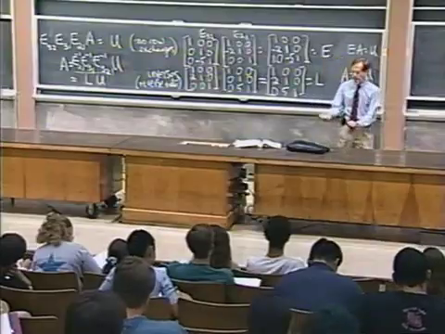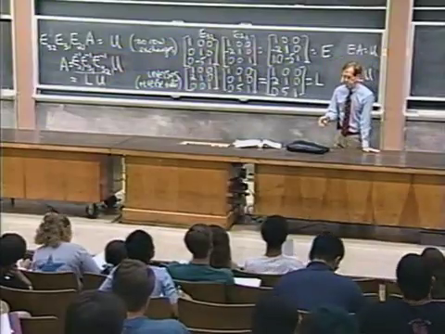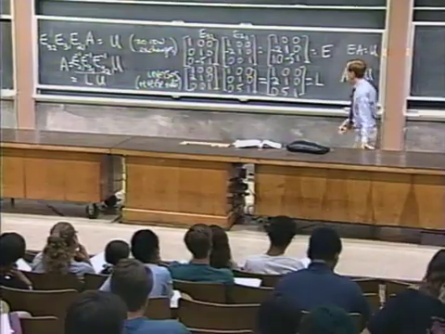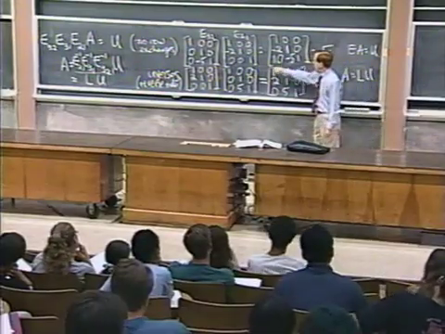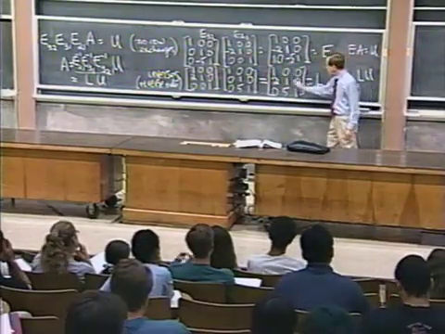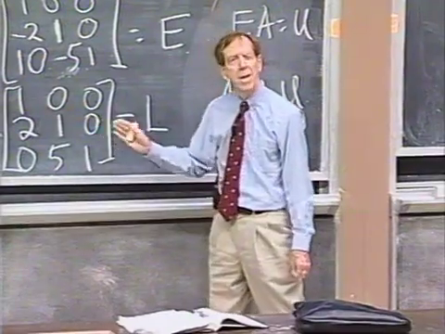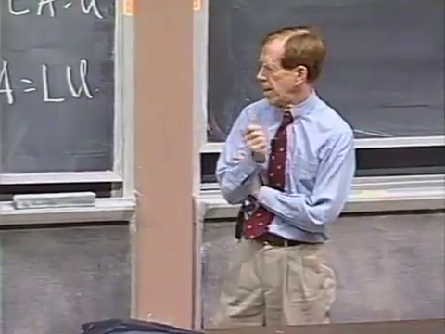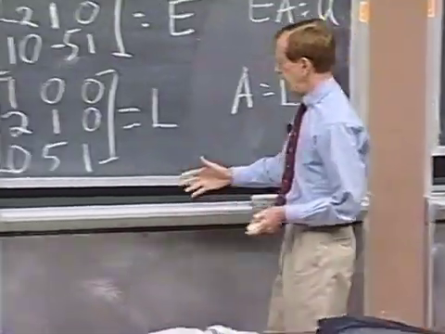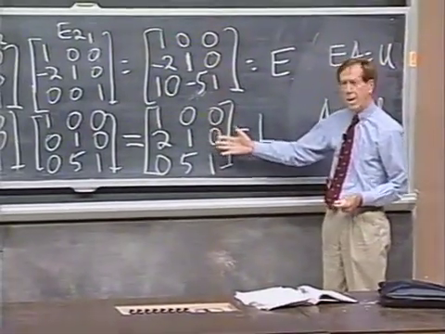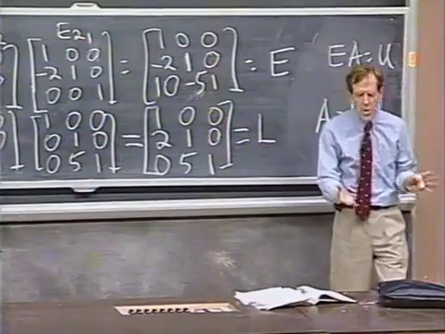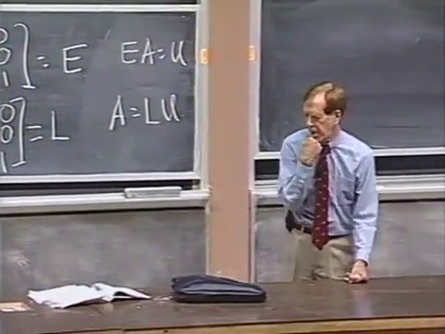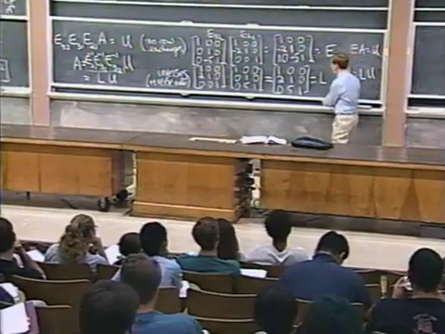The 2 and the 5 don't interfere to produce this 10. In the right order, the multipliers just sit in the matrix L. That's the point: if I want to know L, I have no work to do. I just keep a record of what those multipliers were, and that gives me L.